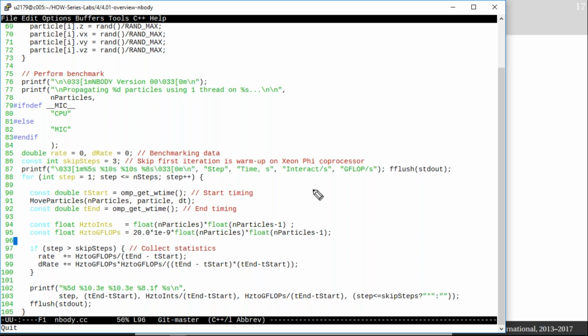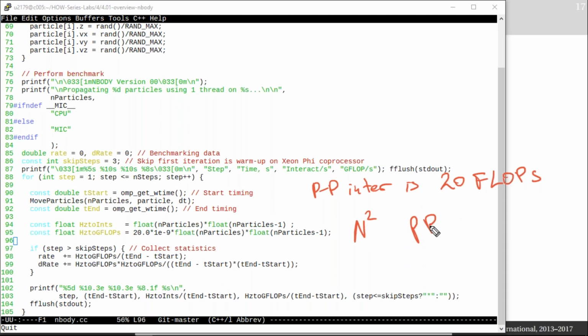The assumption is that every particle-particle interaction is 20 floating point operations. And we are making n squared particle-particle interactions in delta t time. This is delta t. So we can convert time to floating point operations per second.